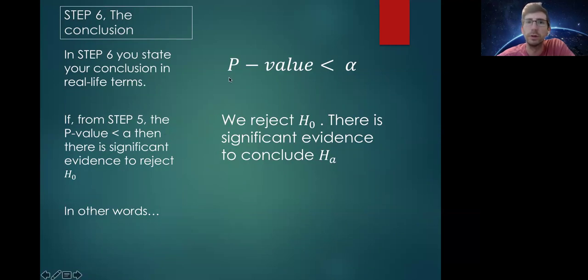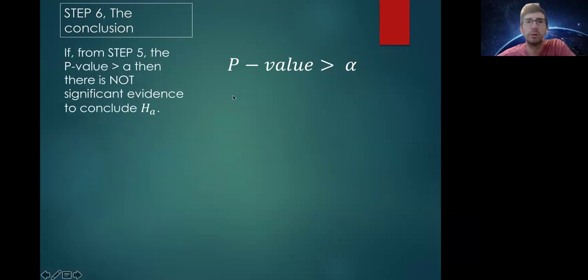And remember, this is what we wanted to do from the beginning. We wanted to be able to reject our null hypothesis that the proportion or the mean was equal to something, and we wanted to state or be able to support our claim in our alternate hypothesis. So that's exactly what we're saying here in this conclusion.